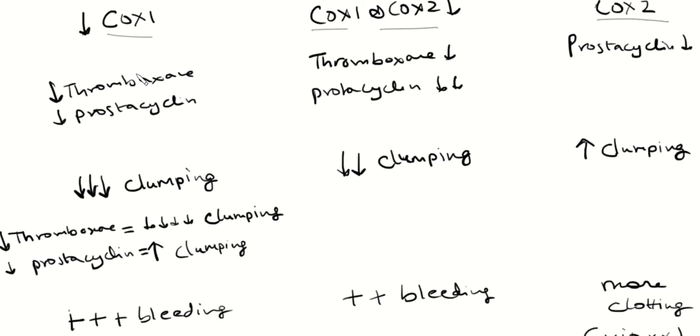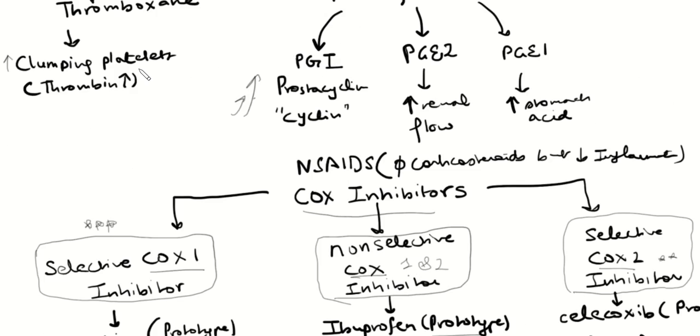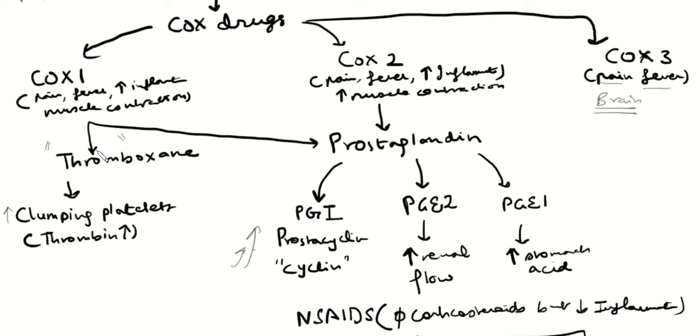So now let's take a peek. A Cox-1 inhibitor inhibits thromboxane and prostacyclin, right? It inhibits two things. A Cox-2 inhibitor only inhibits prostacyclin. Remember that? So what that means is a Cox-1 inhibitor will inhibit thromboxane and prostacyclin.